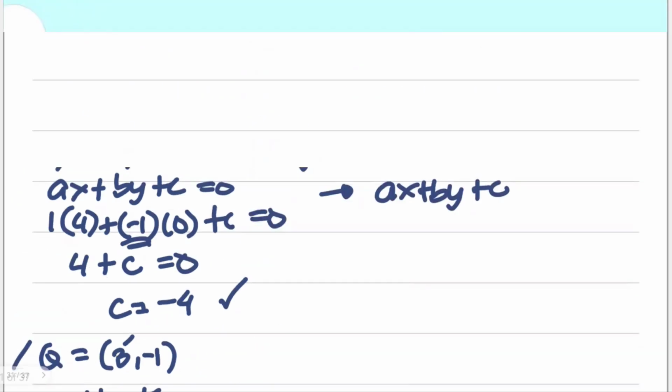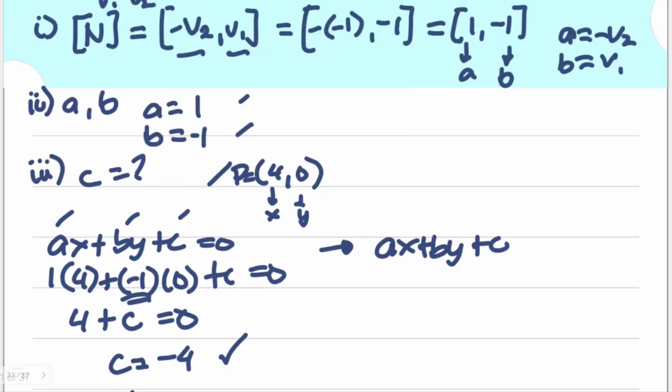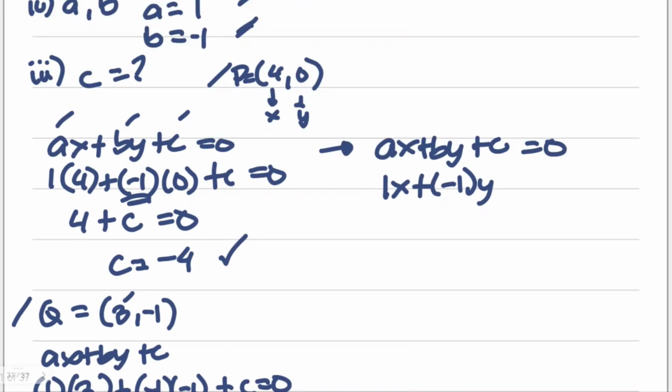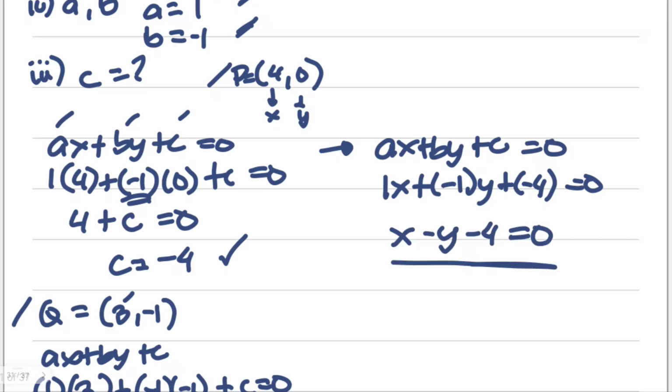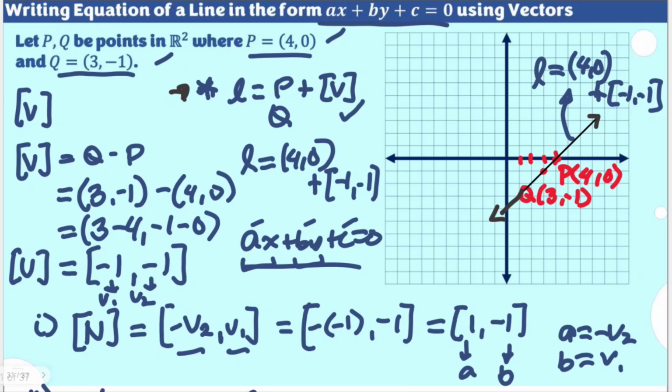Now, going back here to complete our process, you have your a identified earlier as 1. So you have 1x, then plus negative 1y. Let me simplify it later on. Okay? Plus your negative 4 as your c is equal to 0. So simplifying that, you have x minus y minus 4 equal to 0. This is the equation of a line passing through the points P and Q using vectors.